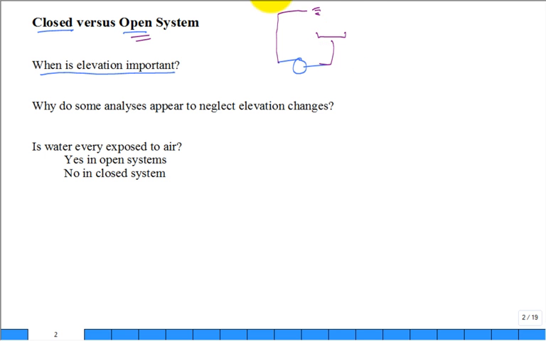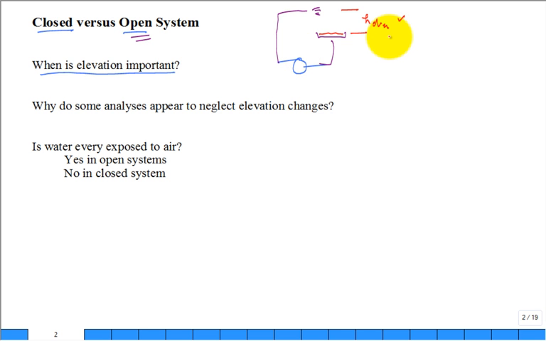So it's always having to overcome an elevation head. It's always having to lift it where it throws it out and then it splashes and collects. So that's pumping power. You don't want to neglect that.